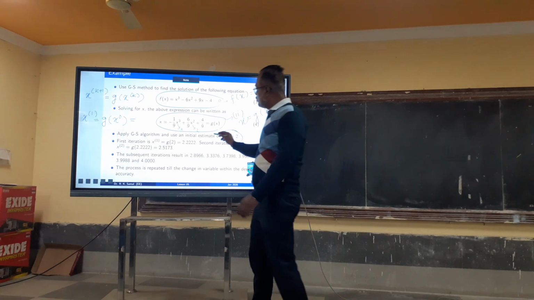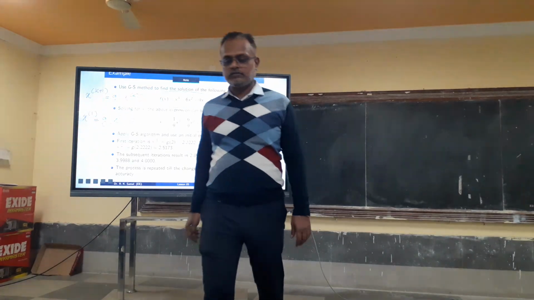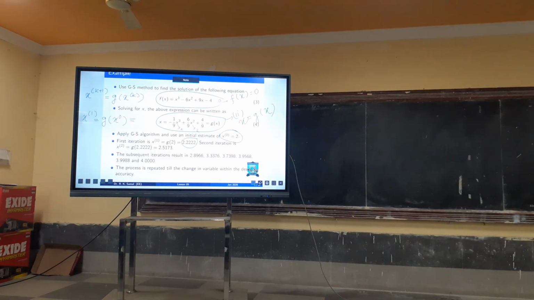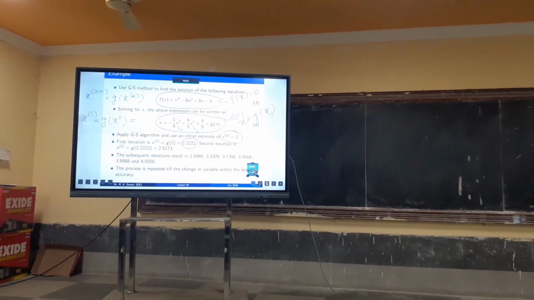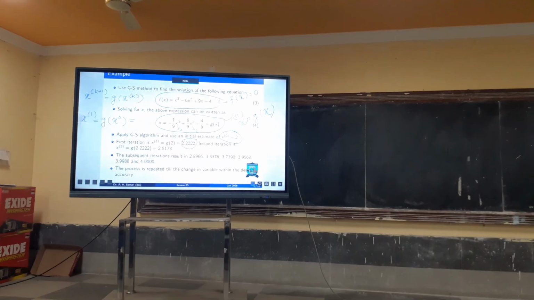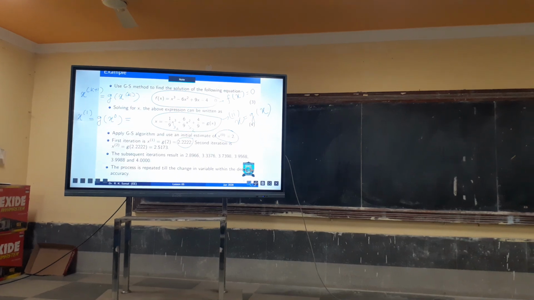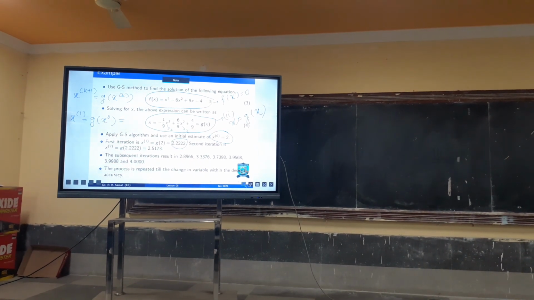So you should get 2.22. Did you get that? Solve, you should get the first value. x0 equals a guess, the initial guess.